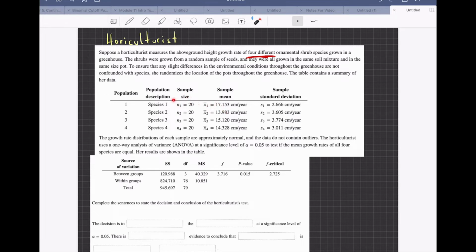In this case we have a sample size of 20 for each population. Here we have the mean, and these are the standard deviations. This is typical of ANOVA.